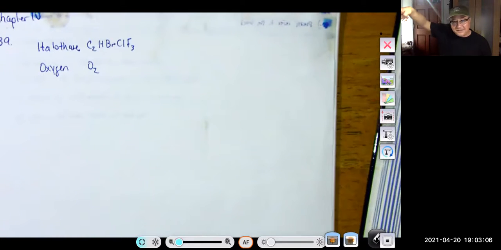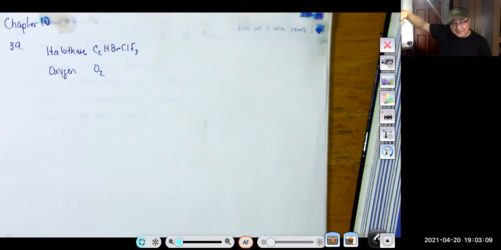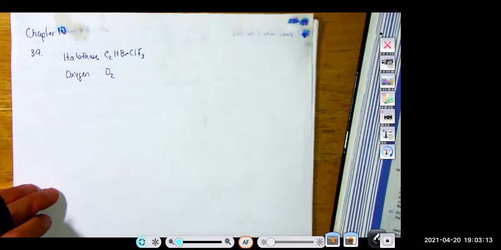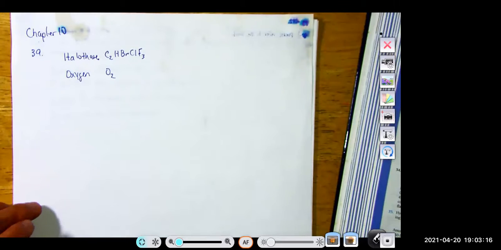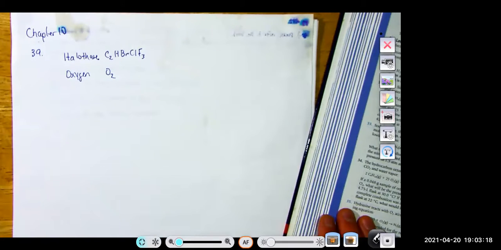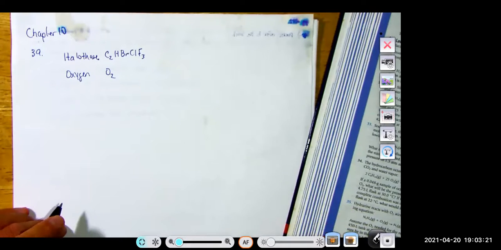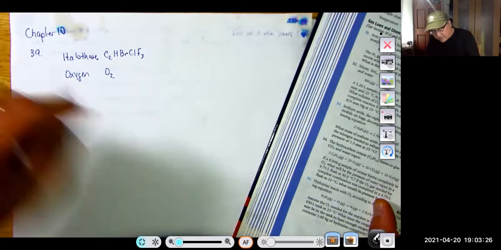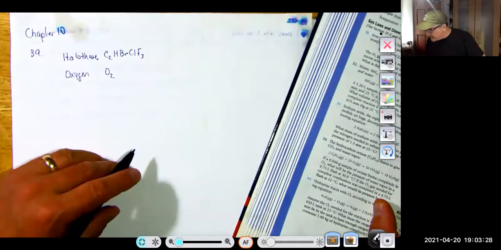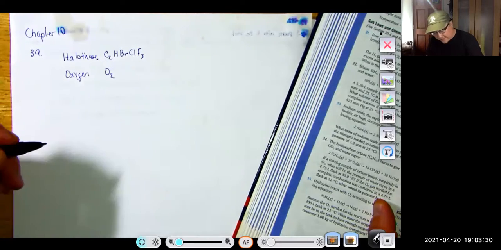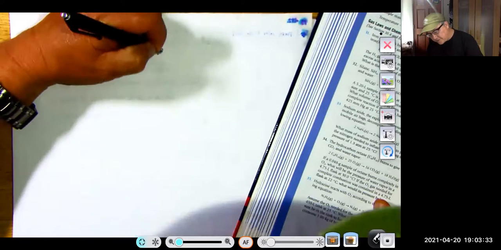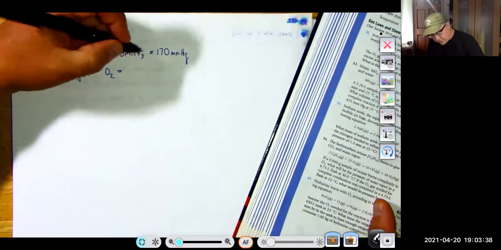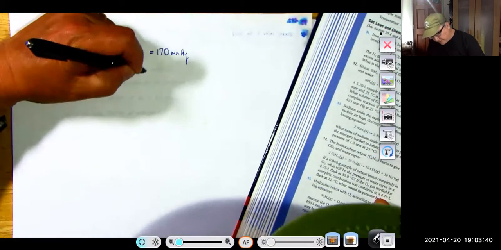My remote wasn't working. So do we just need to come up with the N of the halothane and then the N of the O2 and add those together for the total and then do the mole of the halothane over the total? Well, I've actually got to read it again. So we have a tank with both of these in there, and the pressure of the halothane is 170 millimeters of mercury, and the pressure of the O2 is 570 millimeters of mercury.